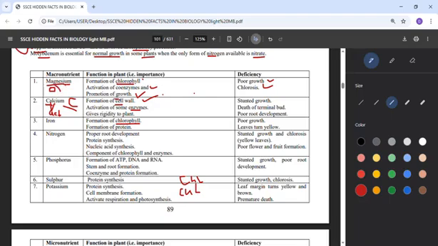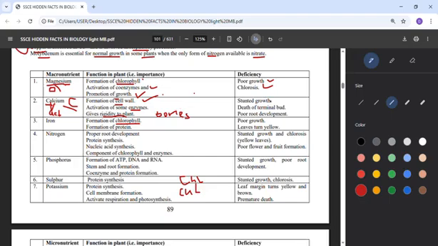Still on calcium, apart from activation of some enzymes, it also gives rigidity to plants. You can use the idea of calcium helping human bones, and bone makes humans rigid. So the way bone is for rigidity, that's how calcium in plants is also for rigidity.